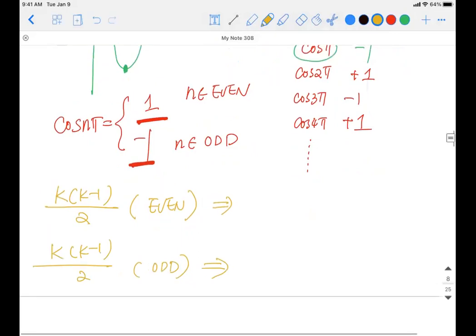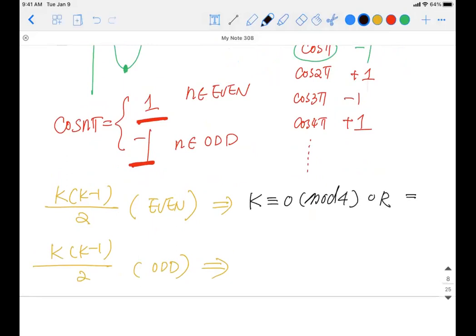So how do we make sure this one is even? I don't think that's rocket science. As long as k is congruent to 0 modulo 4, or congruent to 1 modulo 4, you will make sure this is going to be even. It's very easy to figure out.